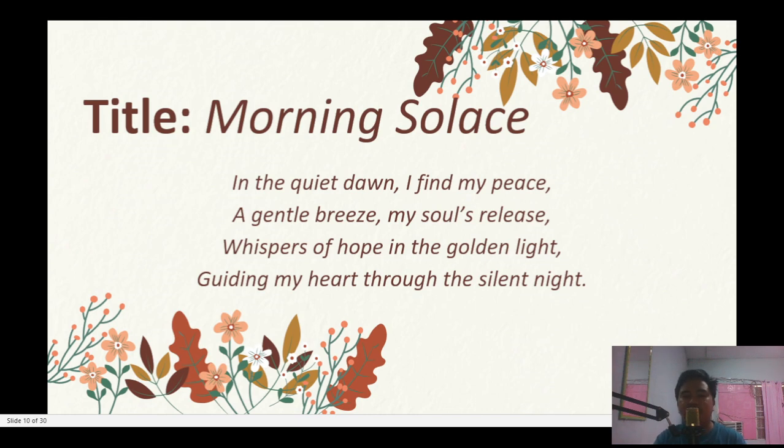Let's read it. In the quiet dawn, I find my peace, a gentle breeze my soul release, whispers of hope in the golden light, guiding my heart through the silent night. If you will observe this example, pwede mo siyang kantahin or pwede ka maglagay ng music accompaniment, right? Based on the construction or the structure of the poem itself.